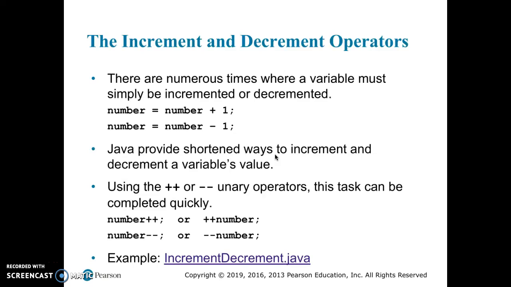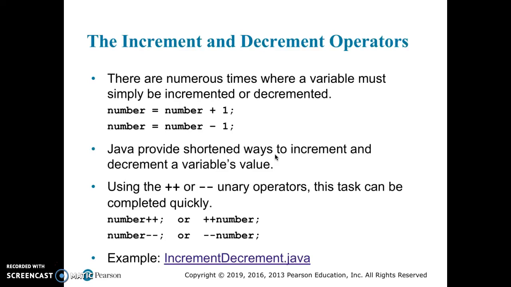So there's also a shorthand that Java provides to increment and decrement, and you'll notice this in other languages as well. Java is actually very similar in some ways to C or C++ or C# if you have used any of those languages. Even JavaScript has a lot of syntax that's very similar.